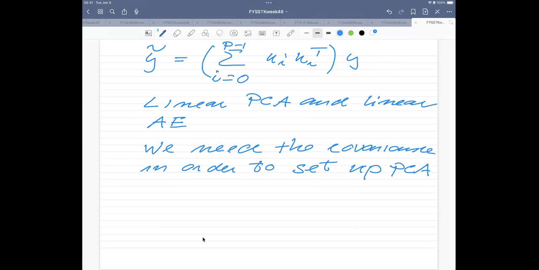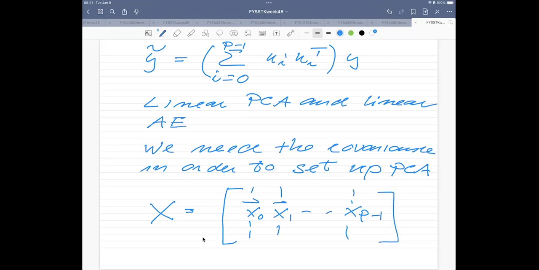So if we now take the design matrix which we had, X, we know that this is something which we can write out in terms of different vectors. These vectors are not necessarily orthogonal. And then we have up to X of P minus 1.